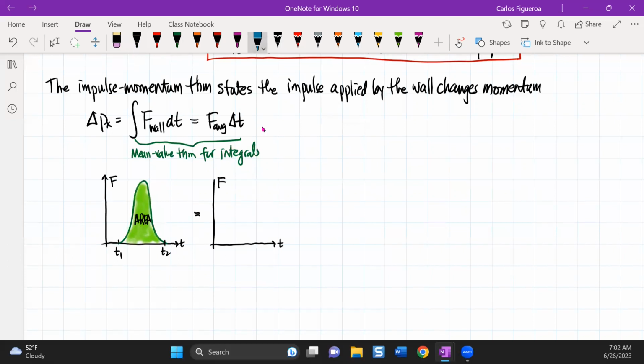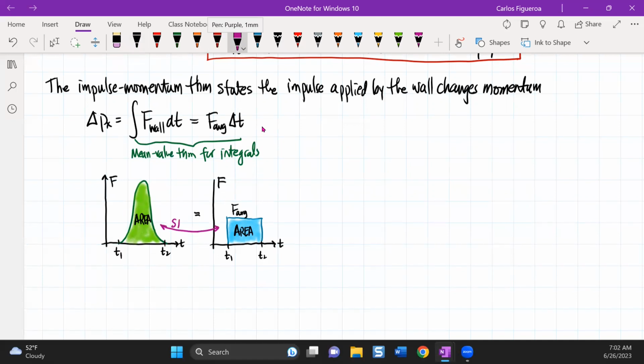So if I pick a point that has the exact same contact time, then as long as these areas are the same, and we have to be careful with what we mean here, this average is a time average.